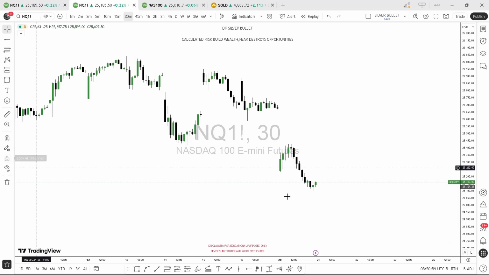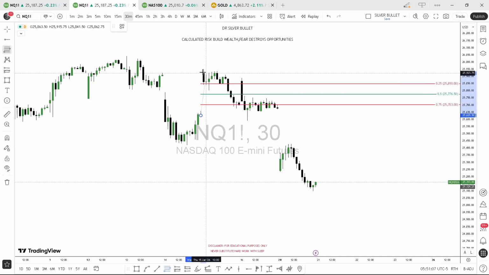As I said, price will refer back to it. You see, when this candle opens here, the market came back and referred back to this gap that you see here.